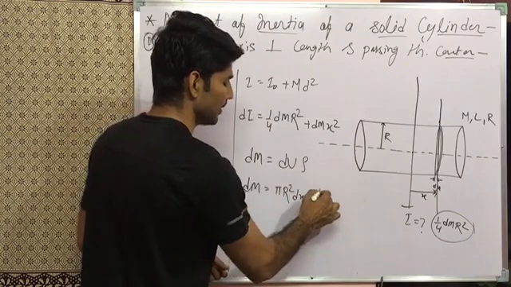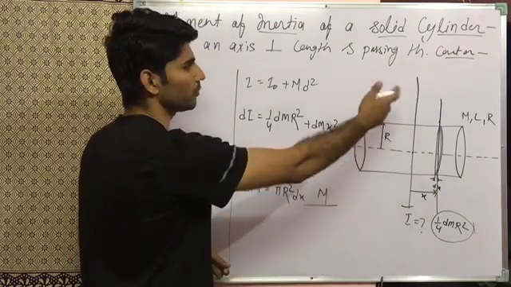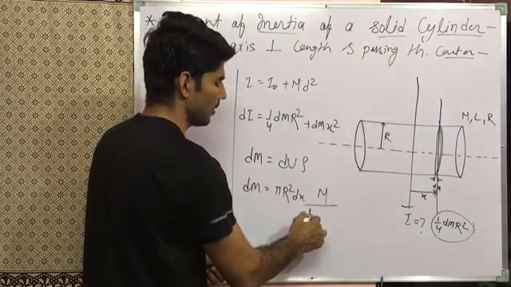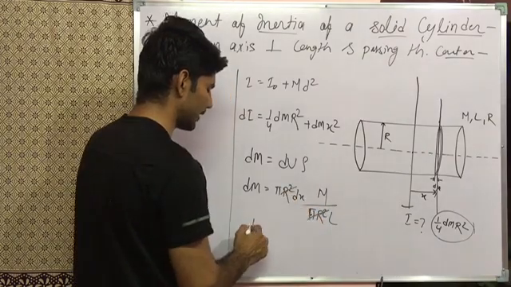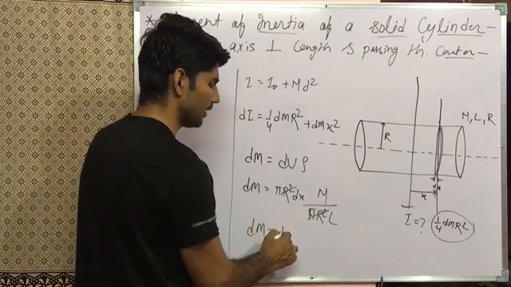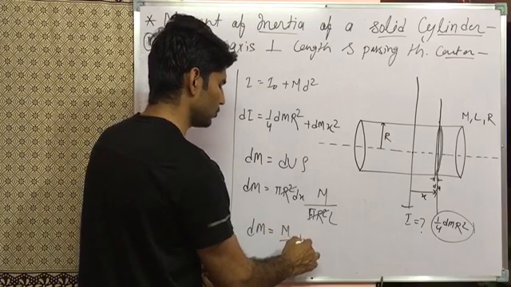The density is mass upon volume of this cylinder, which is pi r square into L. Here I cancel out, so I get dm is m by L into dx.